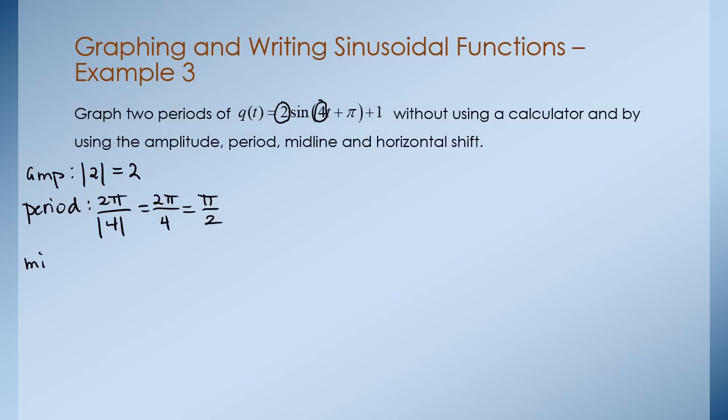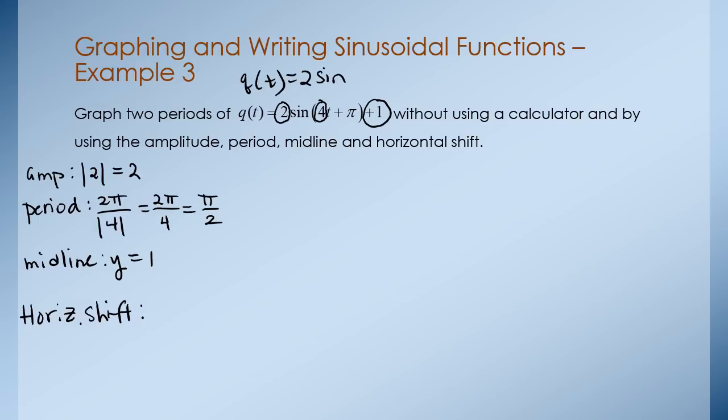And let's see, the midline. The midline is the line y equals 1. That's coming from the number that we add or subtract on the end. And finally, the horizontal shift. I'm going to have to factor in order to see that. So I've got that q of t is equal to 2 times the sine.